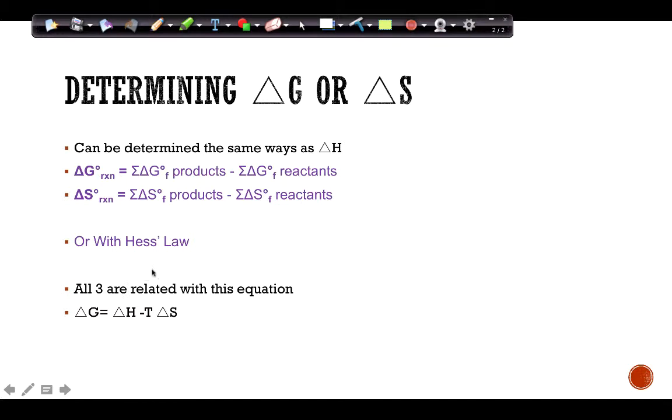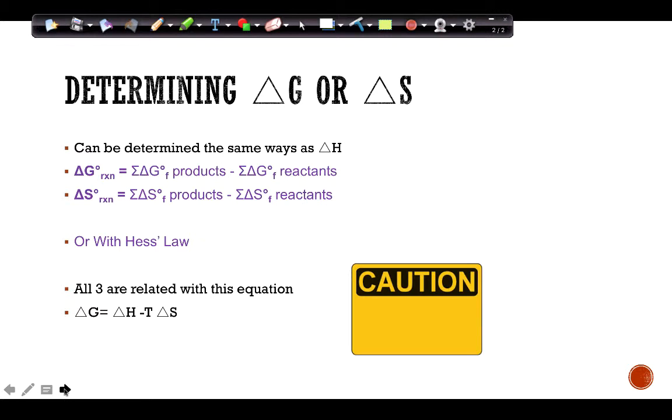So delta G is equal to delta H minus temperature times delta S. Okay. Use caution when you use this equation to actually solve for delta G, because entropy is actually measured in joules per Kelvin, and delta H is usually measured in kilojoules. So you have to convert to kilojoules first if you use this equation.